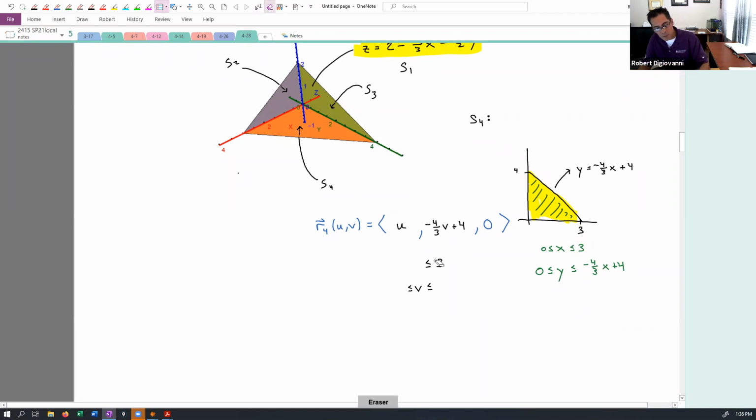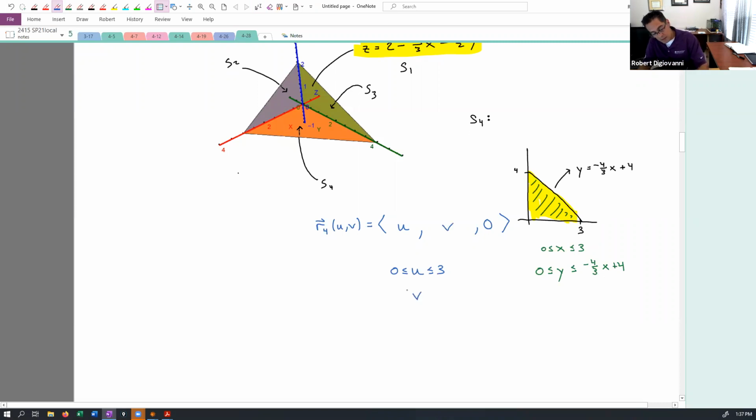So over here, that's pretty much the same thing that we have here. Look, in order to draw this region, my x component needs to be, we'll call it u, and that u has to be between 0 and 3. Now, my y component has to be something else, not u, it's got to be v.